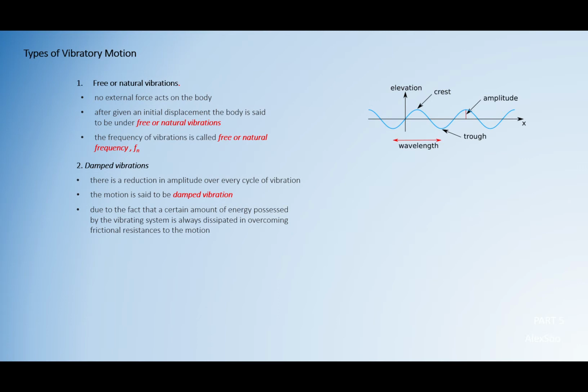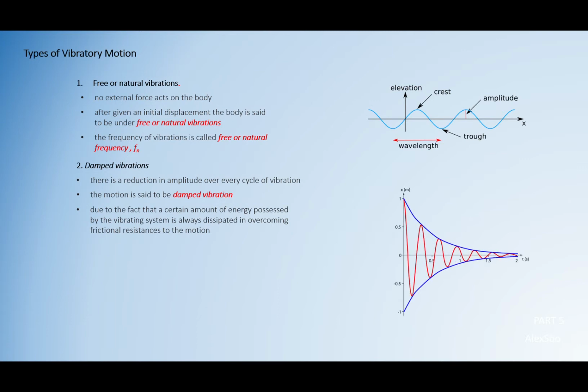The kinetic energy of the vibratory mass or object is lost due to the surrounding air. That means you have energy conversion: kinetic energy to heat energy due to the surrounding air, due to friction.